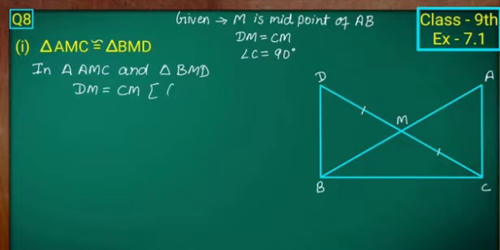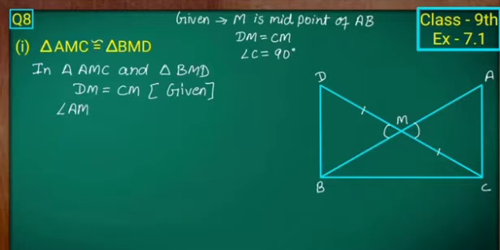Then you know that very well, if two lines intersect at a common point, then they create vertically opposite angles, and vertically opposite angles are equal. So angle BMD equal to angle AMC because that is vertically opposite angle.